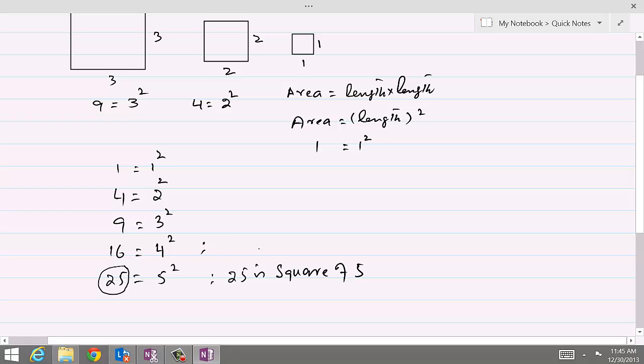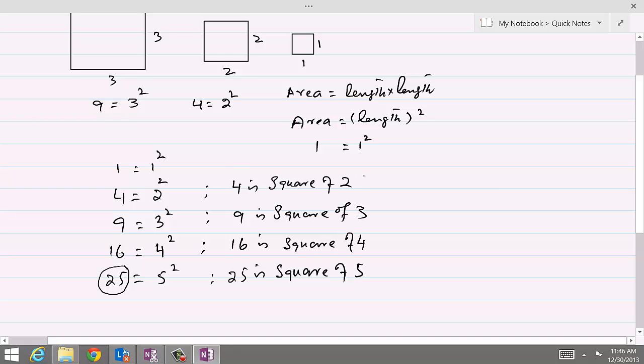And here we say 16 is the square of 4. And here we say 9 is the square of 3. And here we definitely say that 4 is the square of 2. And obviously this one is 1 is the square of 1.